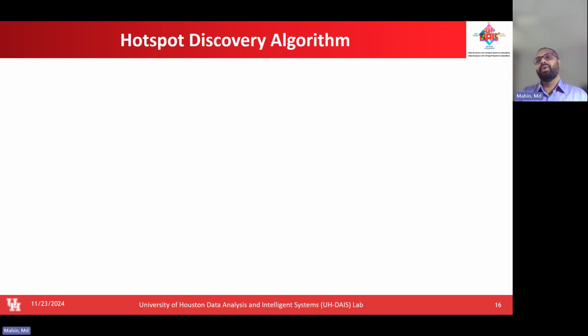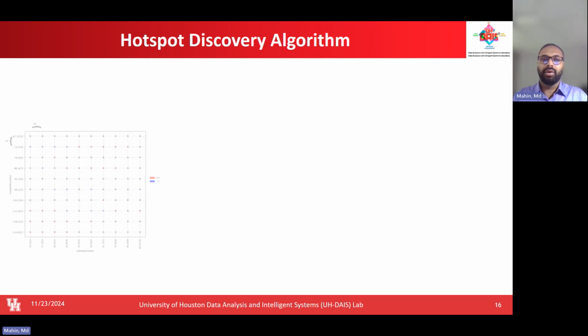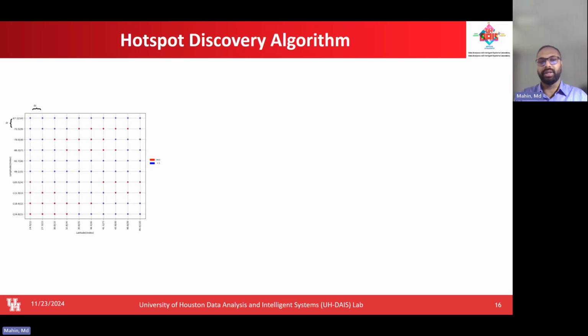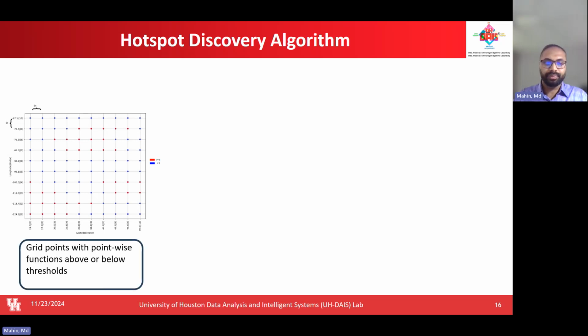We also propose a hotspot discovery framework, a discovery algorithm, which is a novel contribution of our work. It is a grid-based hotspot discovery algorithm, where we employ a grid over the observation area and find whether grid points are above or below the thresholds.